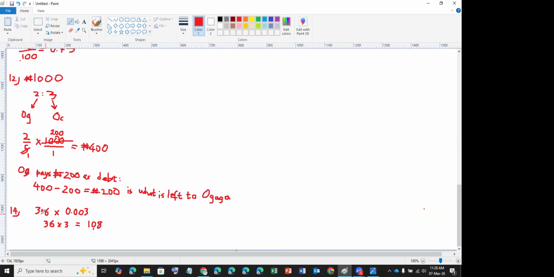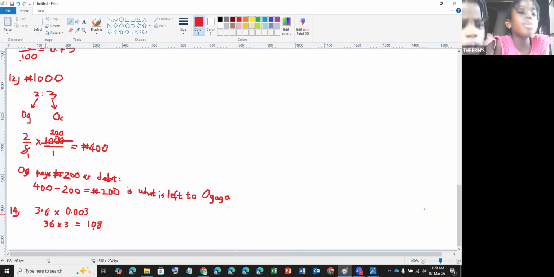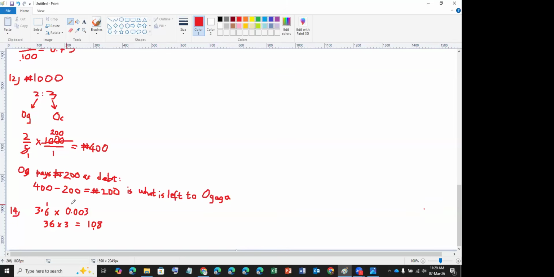How many numbers after the decimal point do we have? We have 0.108. That is going to be 4. We have 4, right? 1, 2.